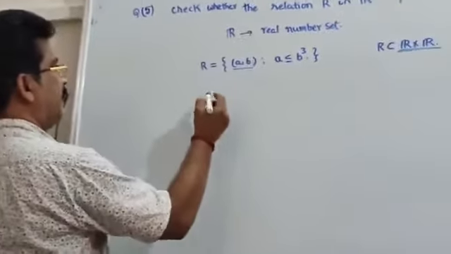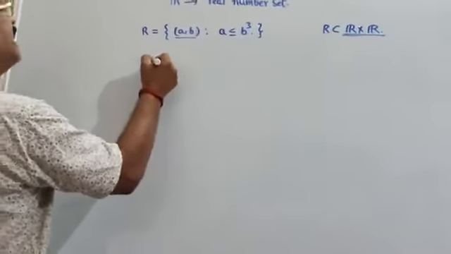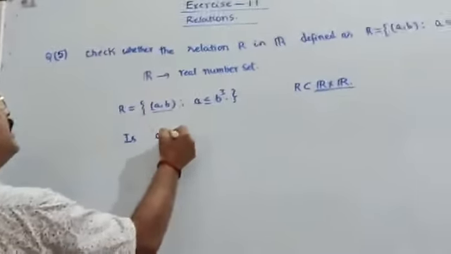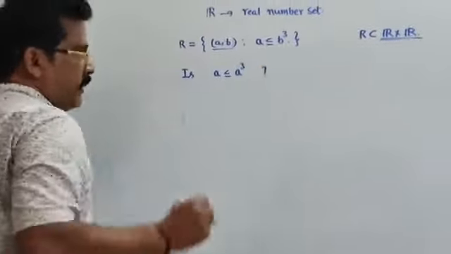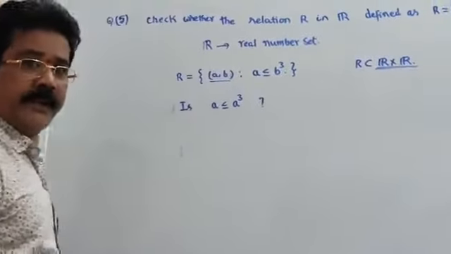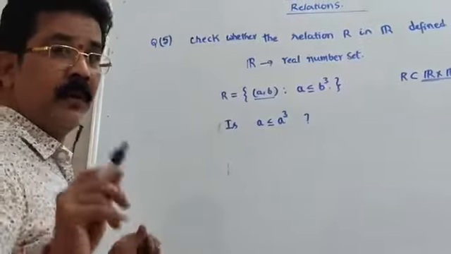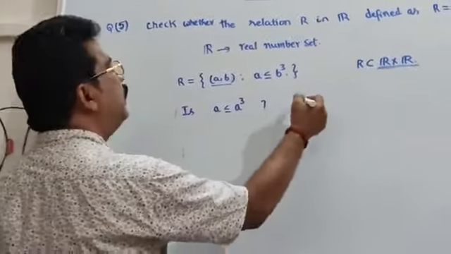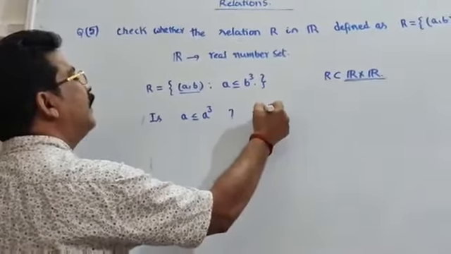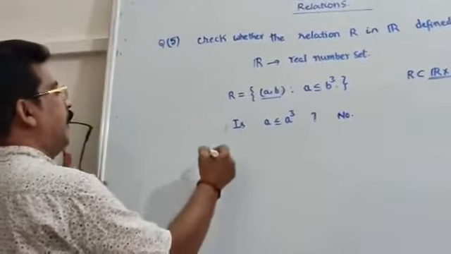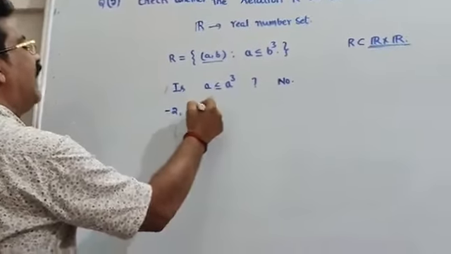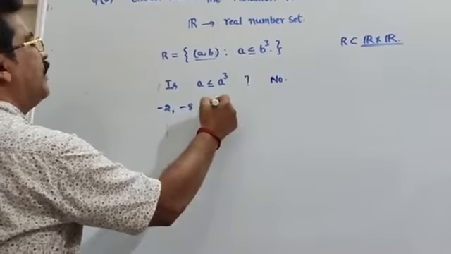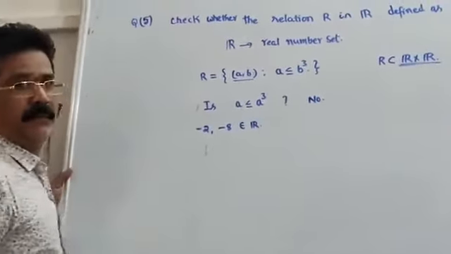Okay, I am asking: is A less than or equal to A cubed? Yes or no? The answer is no, because -2 and -8 belong to the real number set.